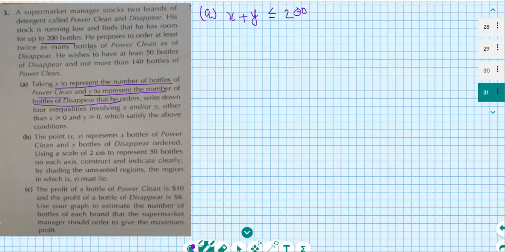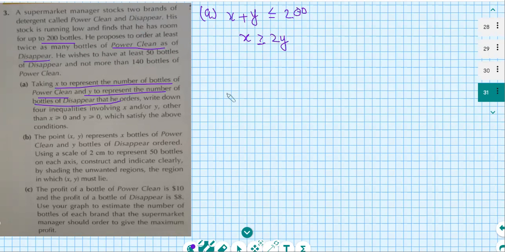He proposes to order at least twice as many bottles of Power Clean as of Disappear. So where is Disappear? Y. It means X is greater than or equal to 2Y, 2 times the Disappear. Next, he wishes to have at least 50 bottles of Disappear.